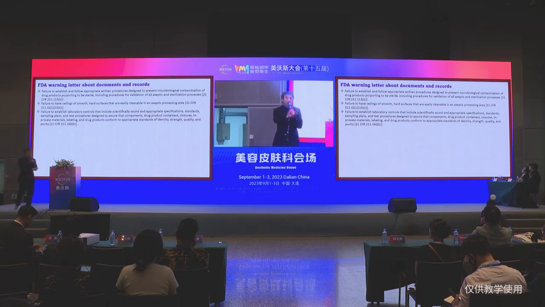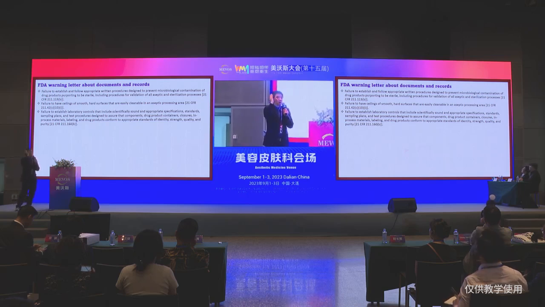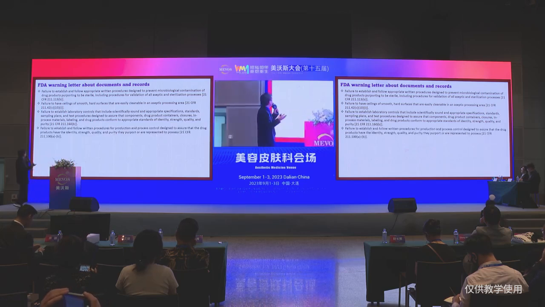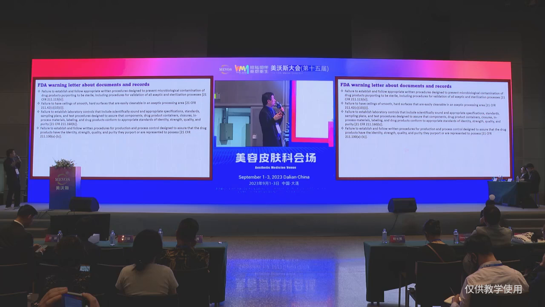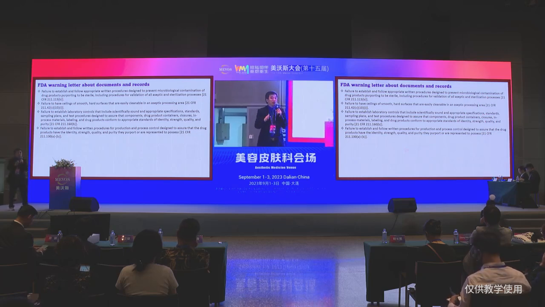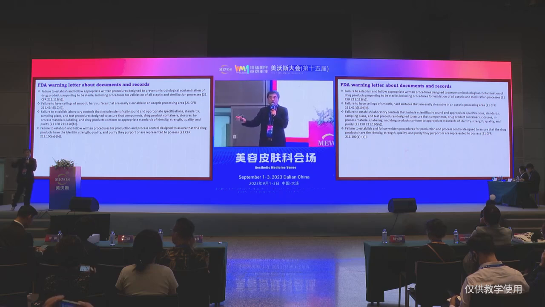So basically, this violation covers your products from beginning to end. And the next one is failure to establish and follow written procedures for production and process control. So basically, you don't have control from batch to batch.